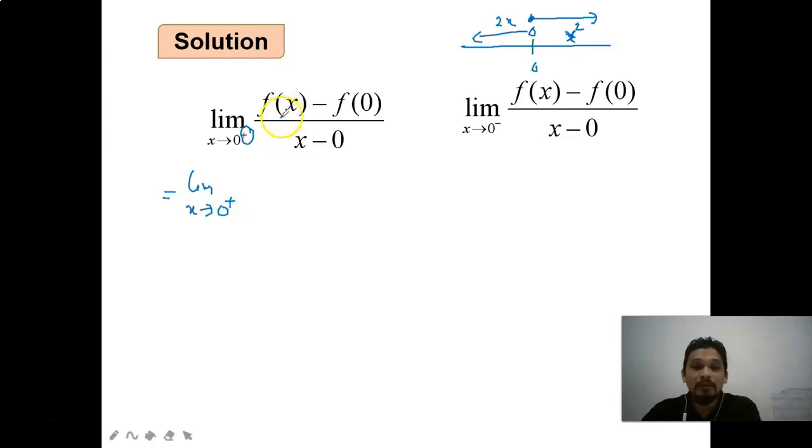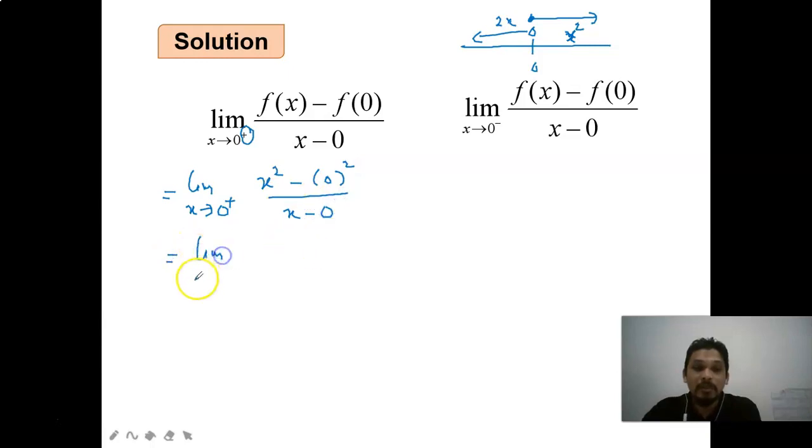The function of f x from the right is x squared, minus the value when x equals 0. For x approaching 0, we just assume that x equals 0 here, so 0 squared, divided by x minus 0.